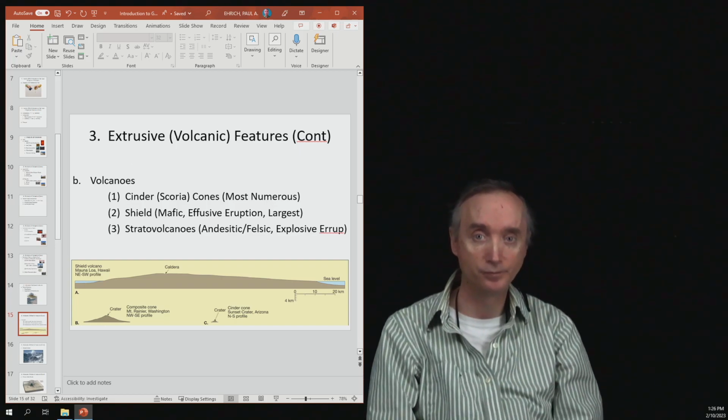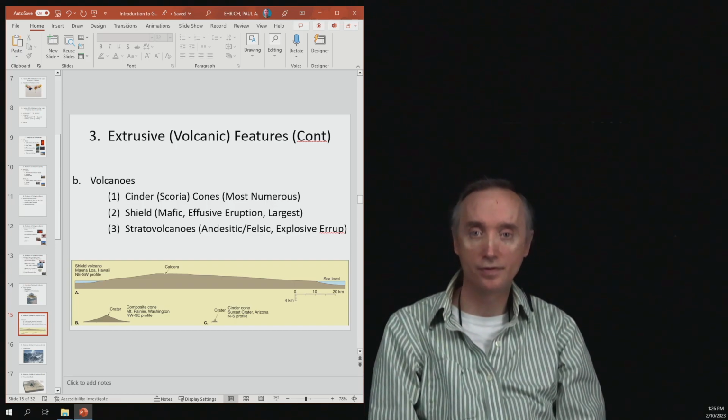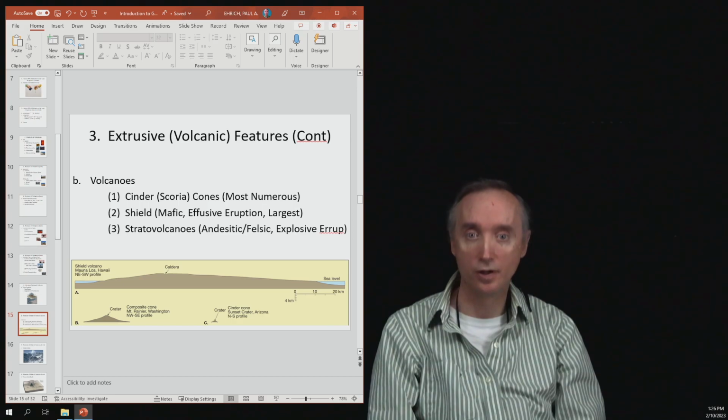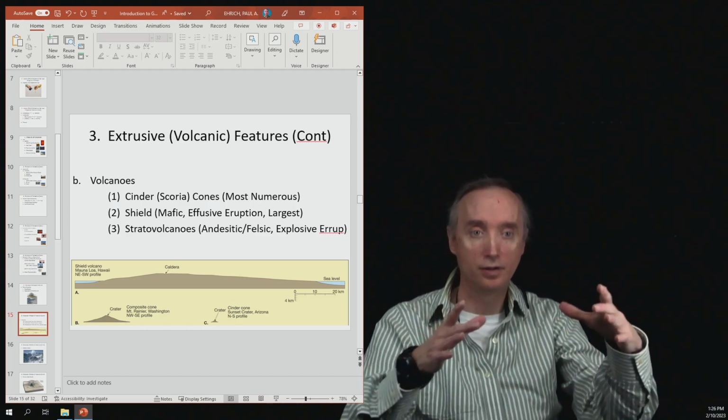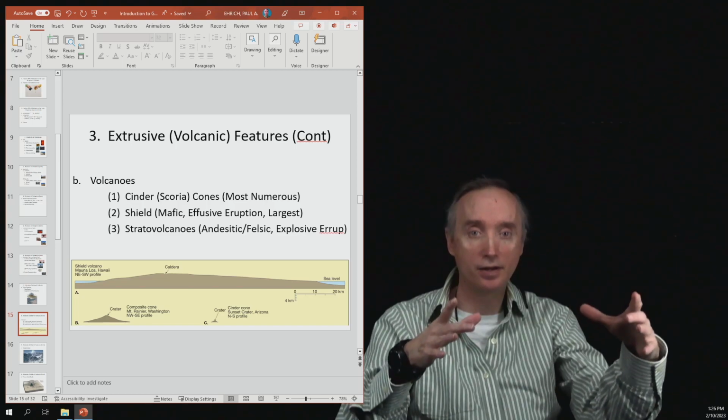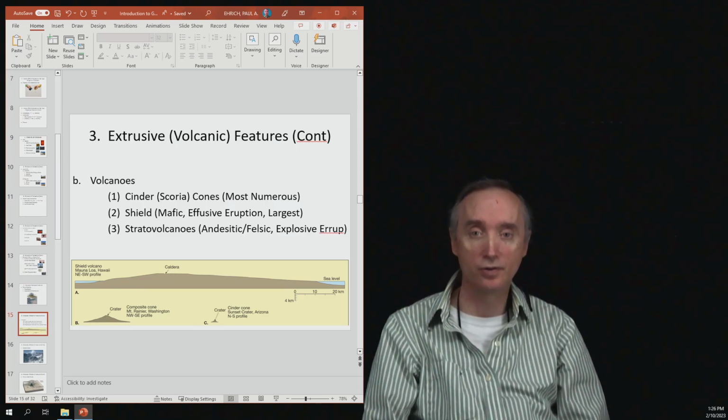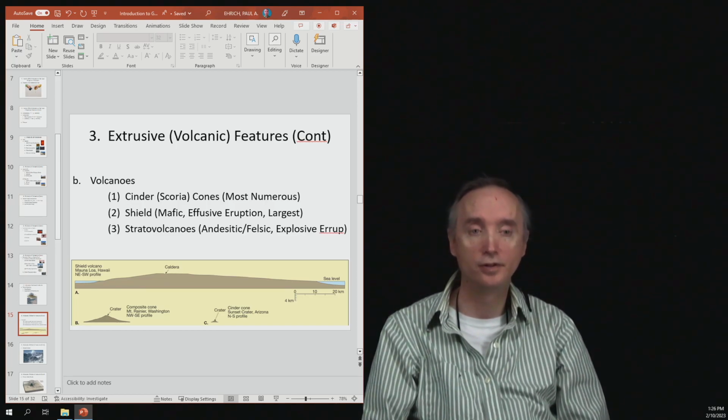Okay, then you've got the shield volcanoes, which is the big one there at the top. So you can see that it's named a shield volcano because it's very flat, and it kind of looks like a shield. So the volcanoes of the Hawaiian Islands are all shield volcanoes.